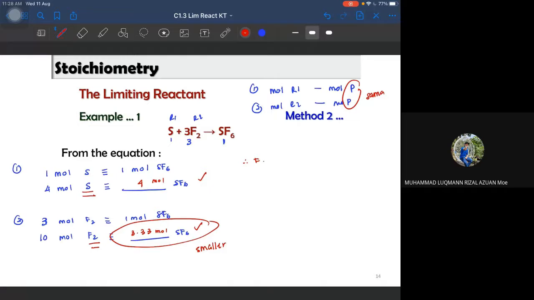Therefore, we can say that fluorine will produce smaller amount of product. Therefore, fluorine is the limiting reactant.